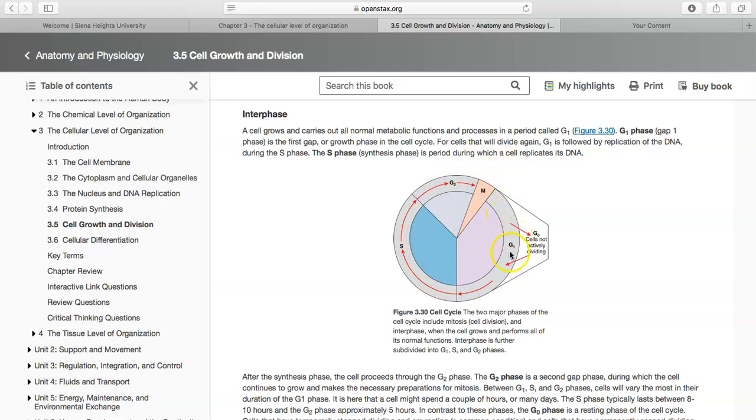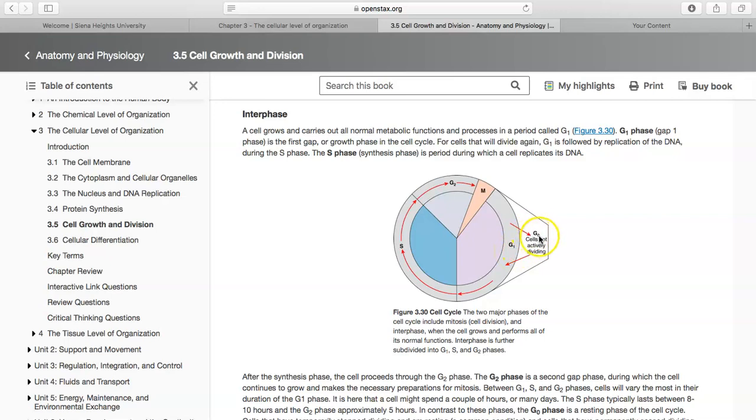So in this G1 phase, cells are not actively dividing. The cell is kind of just growing, it's carrying out its normal functions, and it's just kind of doing cell things to just make it real simple. We call this the G1 or the gap 1 phase. And it's basically the growth phase. So you could think of it as gap 1, you could think of it as growth phase, whatever.